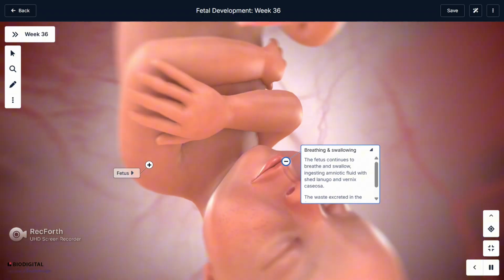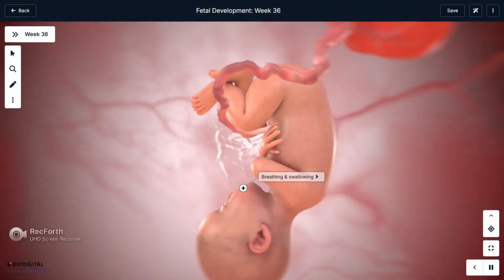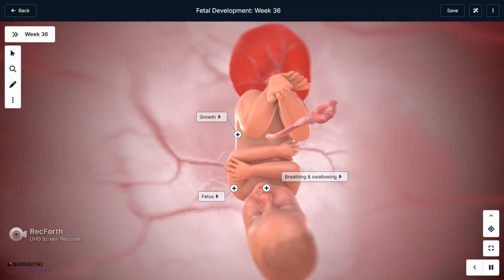The fetus continues to breathe and swallow, ingesting amniotic fluid with shed lanugo and vernix caseosa. The waste excreted in the first bowel movement is called meconium. So this is how the fetus will look at week 36.